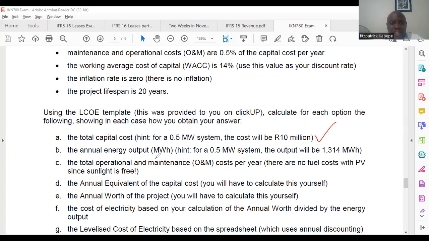The annual energy output, for a 0.5 megawatt system, the output will be 1.314. So when the examiner gives you this, we have to test, using the formula that we have done, whether this number will make sense.